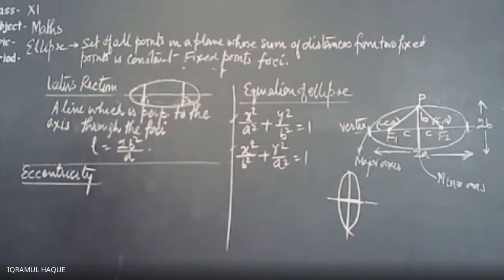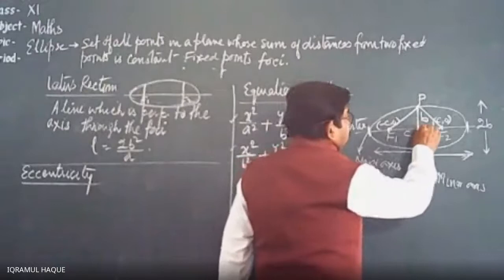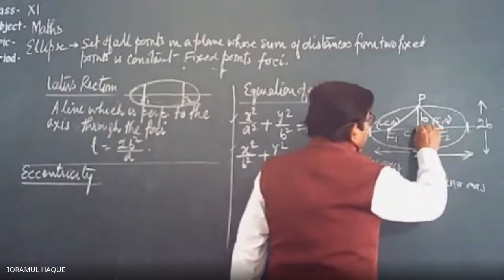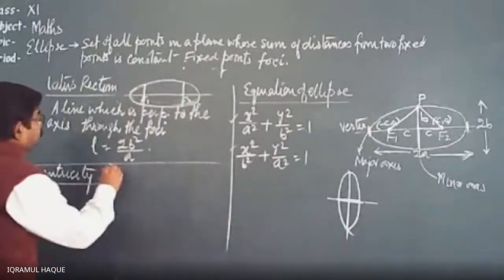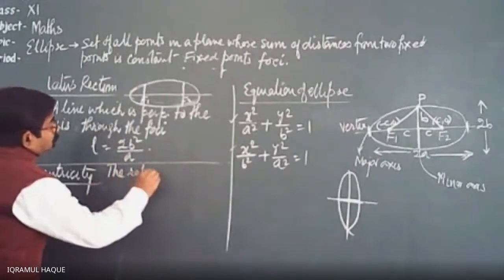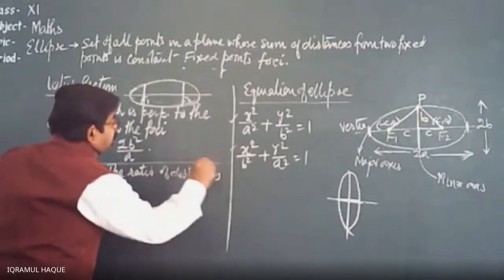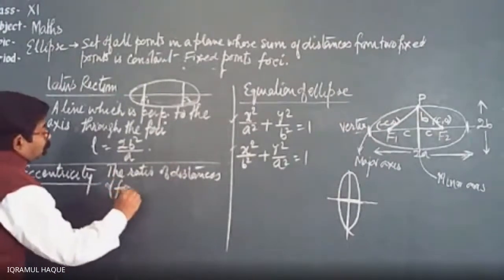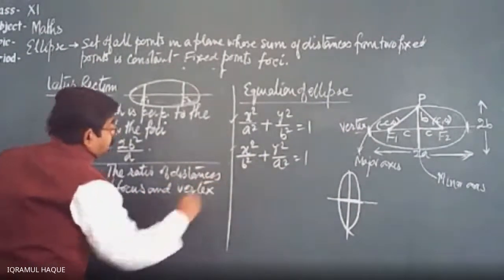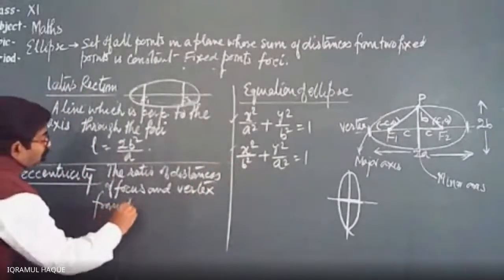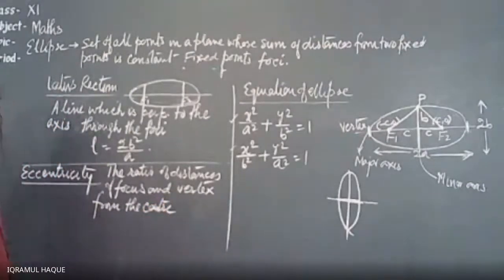Eccentricity is the ratio of the distance of the focus from the center and the distance of the vertex from the center.